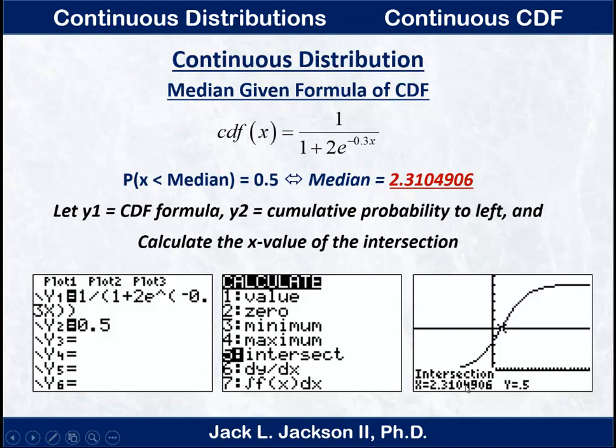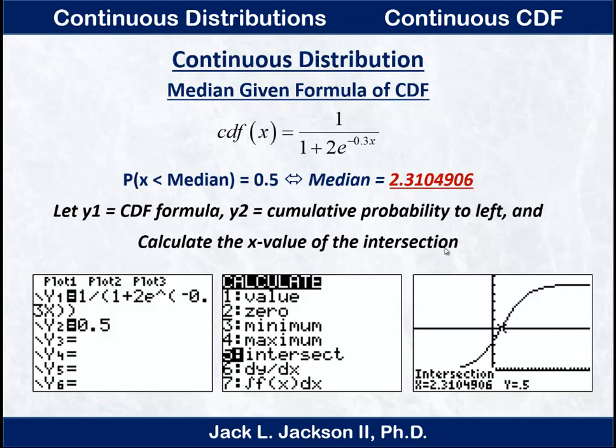And this x value here, 2.3104906, at least to that many digits in our calculator, which is more than we're likely to need in any practical situation, is going to be the x value for our median. Of course, the median is an x value. It's a value with half to the left, also known as the 50th percentile, because 50% is to the left.